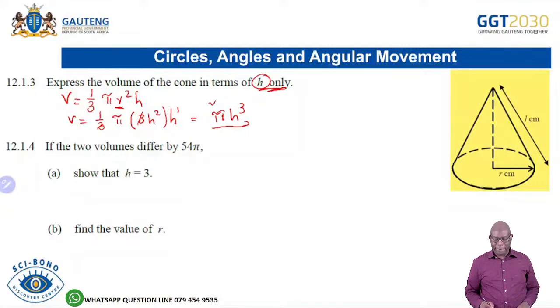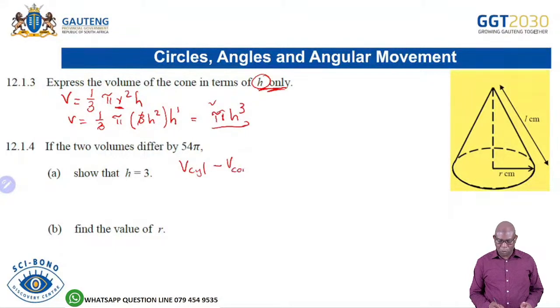12.1.4a. These are a bit tricky questions, but we must first read and understand. They say if the two volumes differ by 54 pi, show that H is 3. So the two volumes, they differ by 54 pi. So what I'm going to do, I'm going to write down the volume of the cylinder minus the volume of the cone.